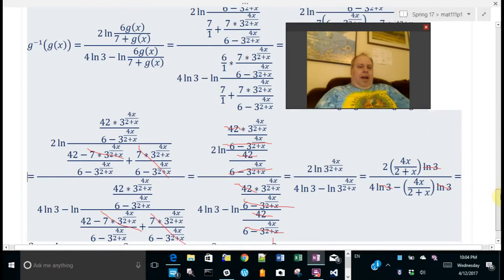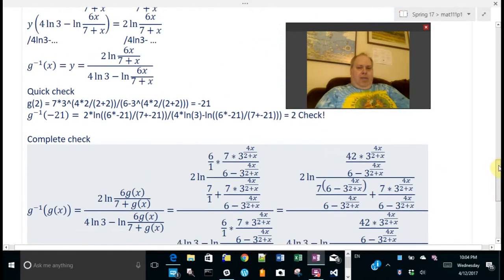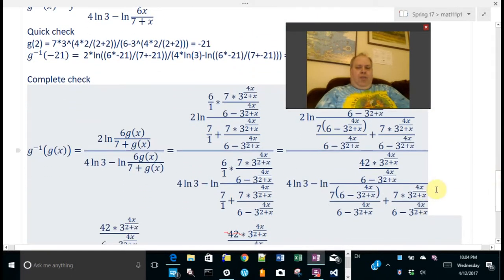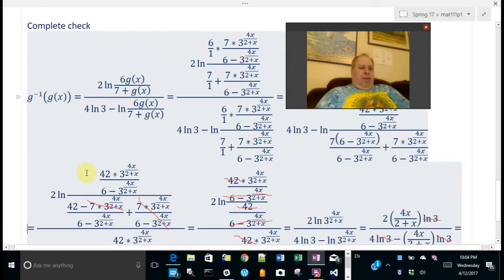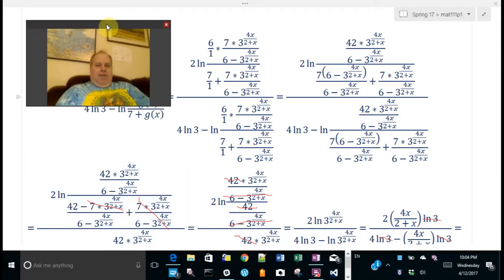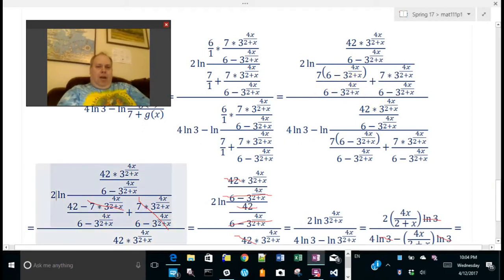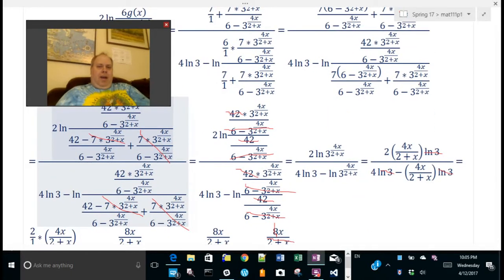Now we find some simplifications. First we do basic algebra: we distribute the 7 down here. 7 times 6 is 42, but 7 times 3 to the 4x over 2 plus x can't be simplified.